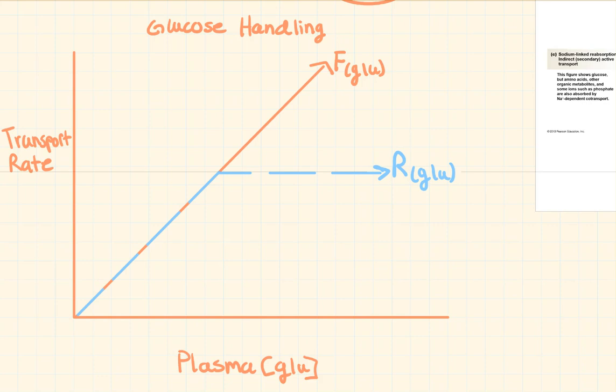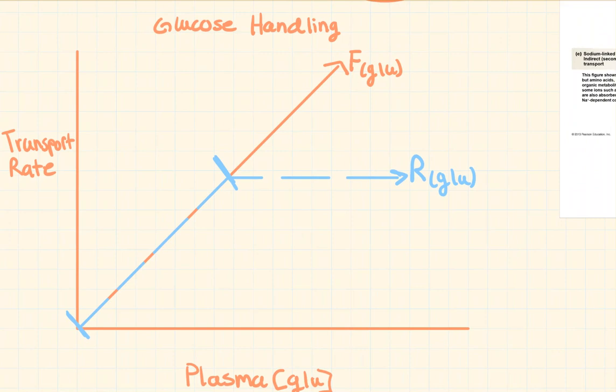To interpret this line, we need to look at it at two different times. First, we should look at it from the beginning to the plateau. So that first section of this line, the way we interpret that is saying, okay, the more glucose that we are putting into our blood, we are able to reabsorb all of it, because it's a 1-to-1 ratio with filtration and reabsorption. They are equal to each other. So every bit of glucose that is filtered in will get reabsorbed. That's how you interpret the beginning of this.